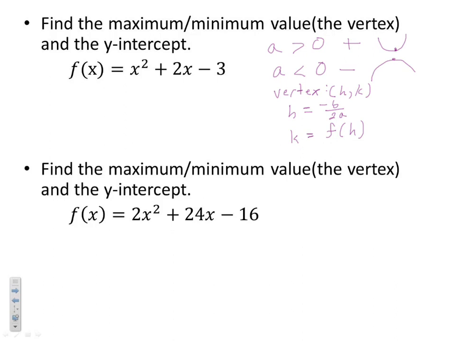There is a formula for that, but it's kind of lame to remember a formula when you can just plug it back in and solve. I don't believe in formulas if you don't need them, especially if you understand what you're doing. So that'll find my vertex.